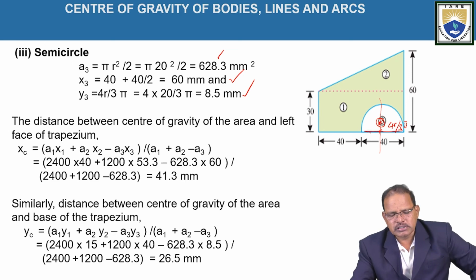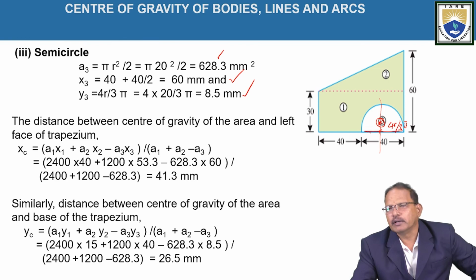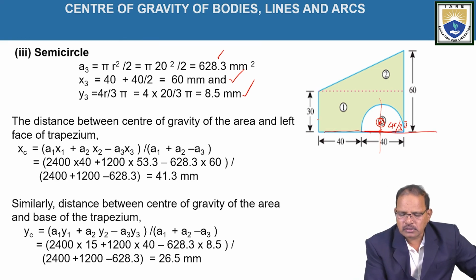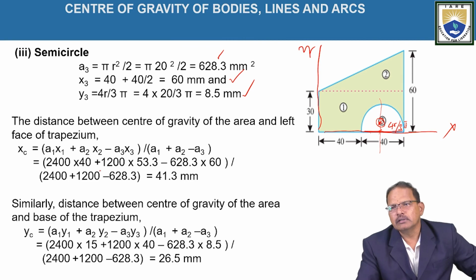Then the distance of the center of gravity of the composite figure with respect to the y-axis and x-axis is given by a1 x1 plus a2 x2 minus a3 x3, because the circle is removed, divided by a1 plus a2 minus a3.